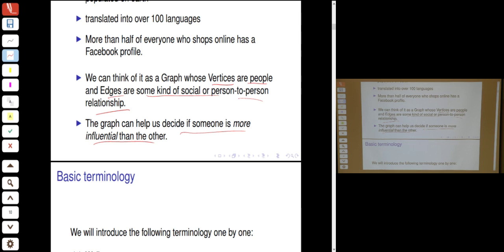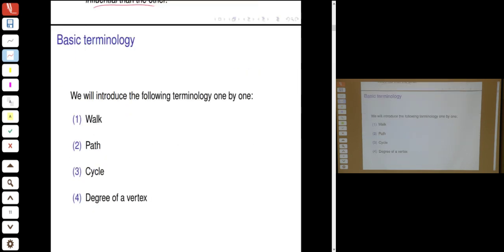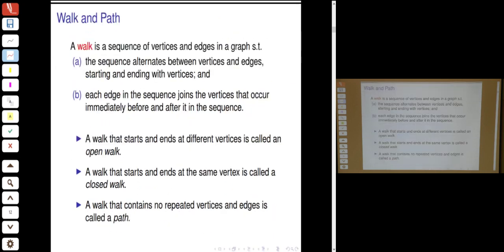Okay. So, now let us introduce the terminology that we discussed a bit hand-wavily slightly earlier. We will discuss walks, paths, cycles, degree of a vertex, and so on. So, a walk and a path.